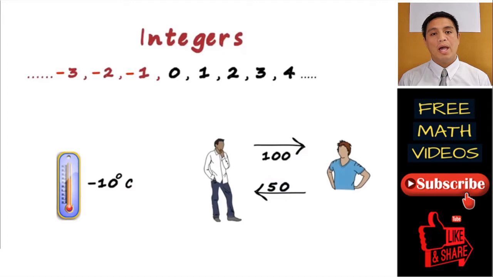Do you feel happy or you feel annoyed or angry? You might be upset because you gave him 100 pesos and he returned only 50 pesos. So what happened is you have a net of negative 50 pesos. So there is a loss of 50 pesos, and we represent that with a negative integer, which is negative 50.